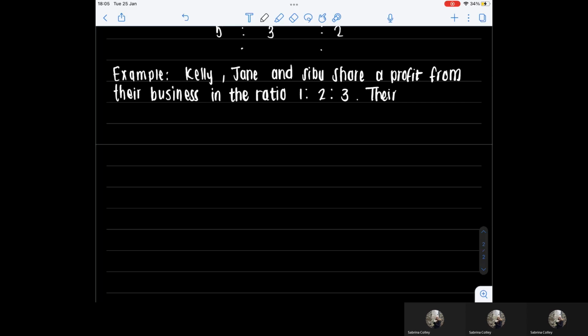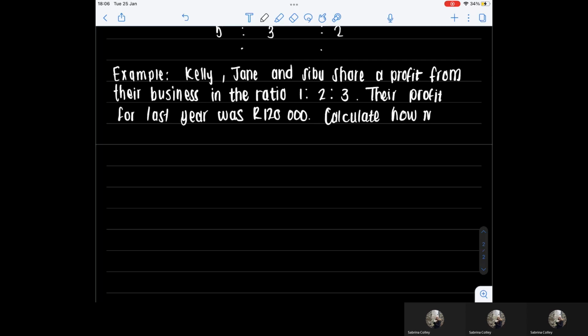Their profit for last year was 120,000. Calculate how much each received.